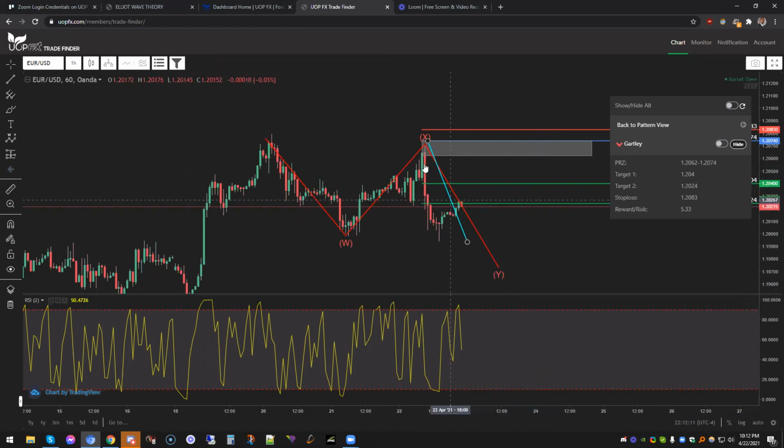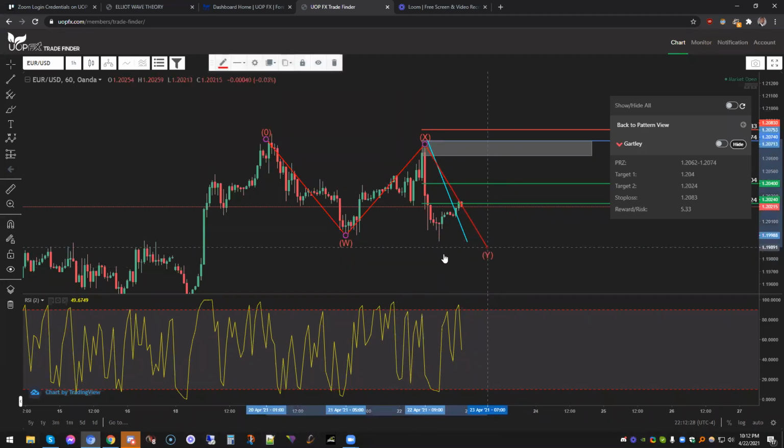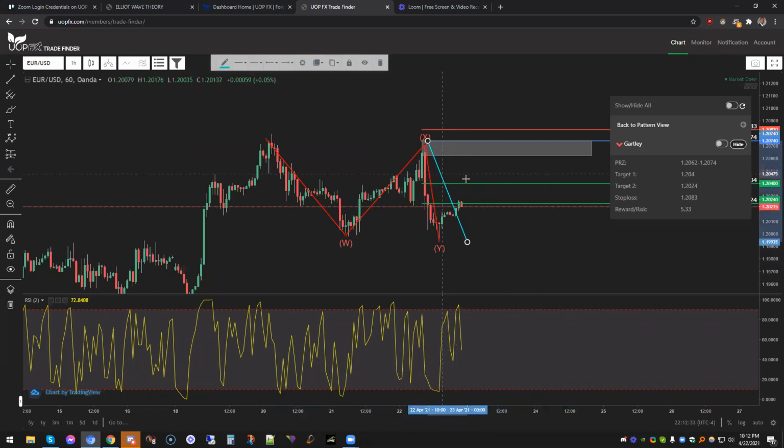So I'm hoping this is the high. All right. So here you can see that we have a measured move, right? So this wave is equal to this wave, and so this ends in this area. So the WXY pattern ends here simply by using market geometry.